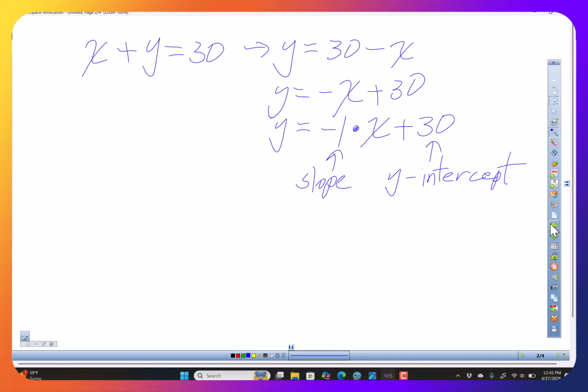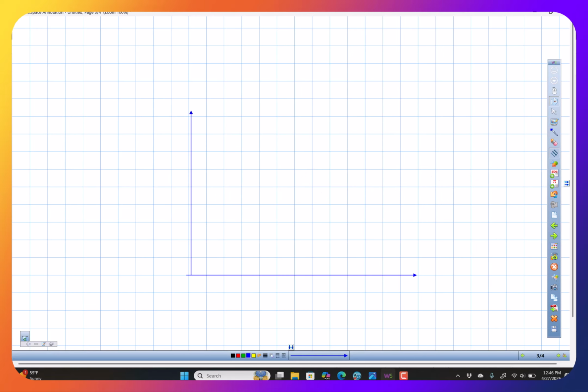Now, if I want to graph that on a piece of graph paper, pretend this is right along that line. Now I'm going to put in my tick marks. I'm going to go with 5, 10, 15, 20, 25, 30, and 5, 10, 15, 20, 25, 30.